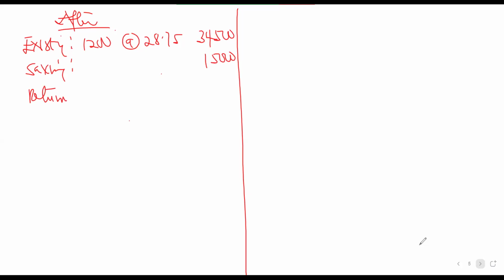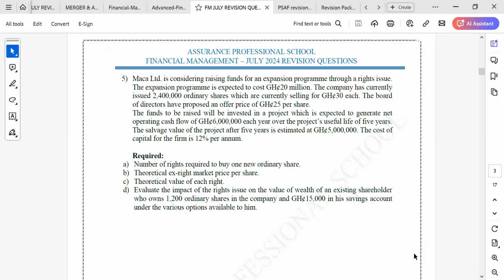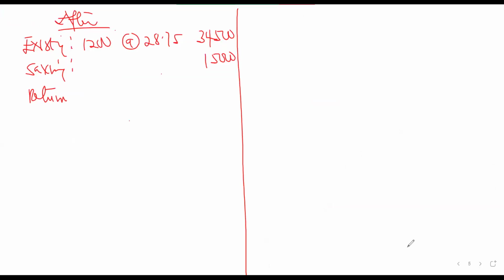So let's look at the return on the project there. The project will be undertaken after the rights issue. So he's having only 1,200 ordinary shares. But if the rights issue is now done, what will be the total number of shares? Let's take his share of that. That will be 1,200 divided by how much? 32 million. Is that correct?